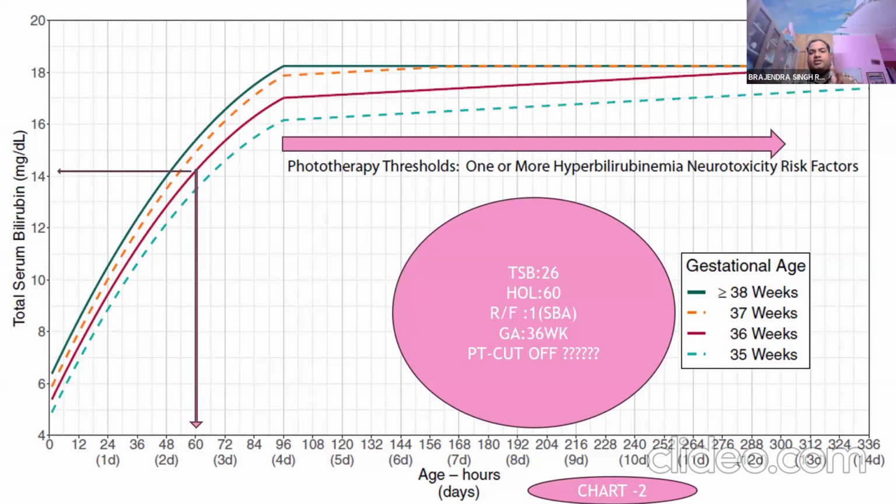So this baby is eligible for phototherapy because the phototherapy cutoff is 14.2. If the bilirubin is more than 14.2, the baby is eligible, and this baby's total serum bilirubin is 26. So this baby is eligible for phototherapy.